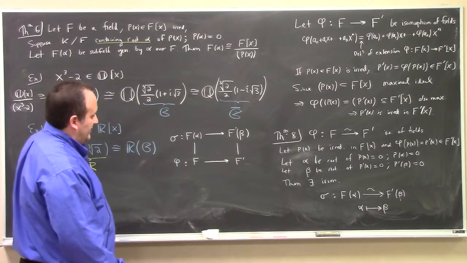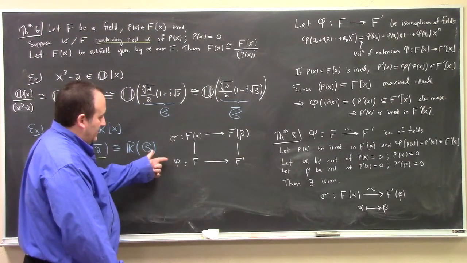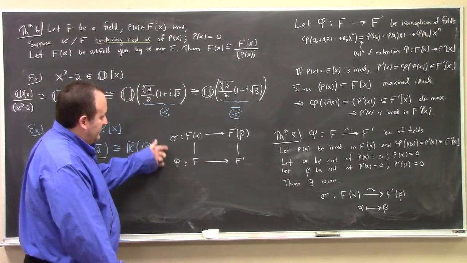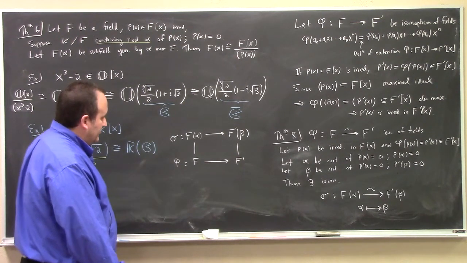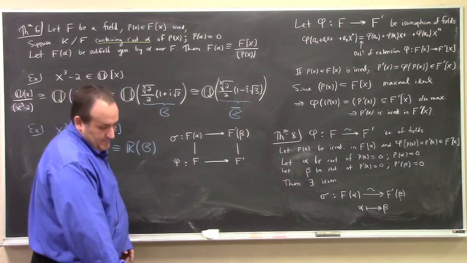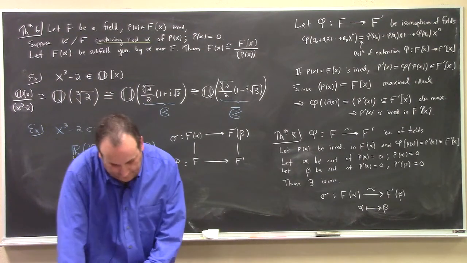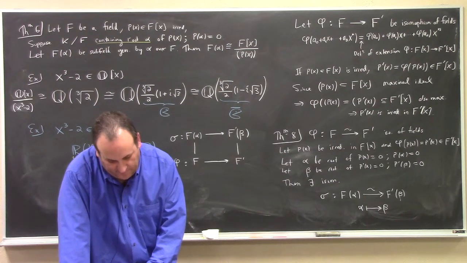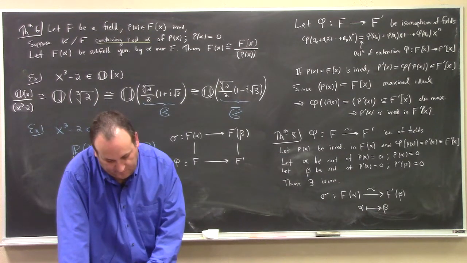So this essentially says that the isomorphism of fields lifts to an isomorphism of extensions in this natural way. Okay, that's cool. Now the proof of this is given on page 519.